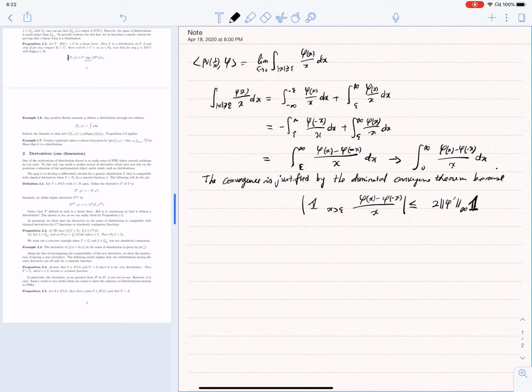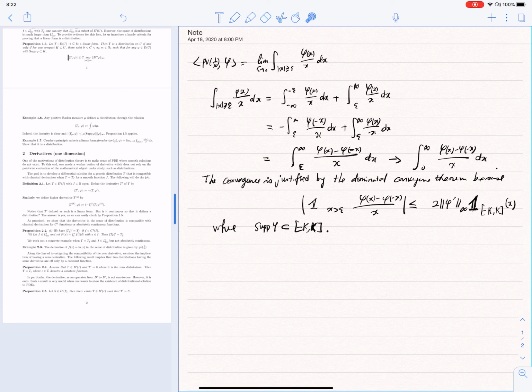Let me be more precise: negative k to k, where the support of phi is included in this compact interval. So this actually finishes the exercise, because we now have this inequality, and it can be used to justify the following.